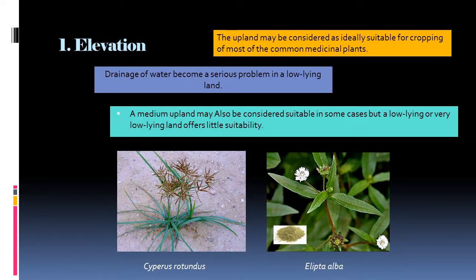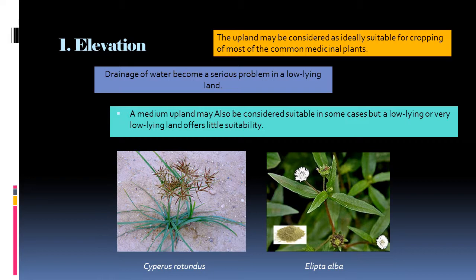Number one is elevation. Upland may be considered as ideally suitable for cropping of most of the common medicinal plants or the ornamental plants. A medium upland may also be considered suitable in some cases, but low-lying or very low-lying land offers little suitability. In such land, the water table is near the soil surface and becomes still nearer in rainy season, for which drainage of water becomes a serious problem in low-lying land.